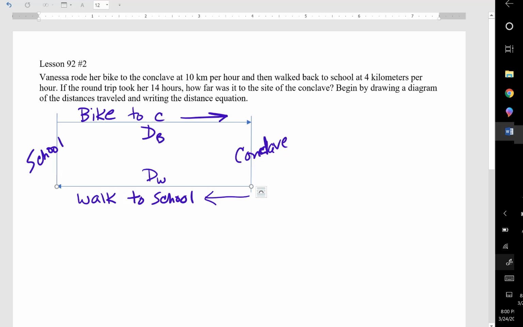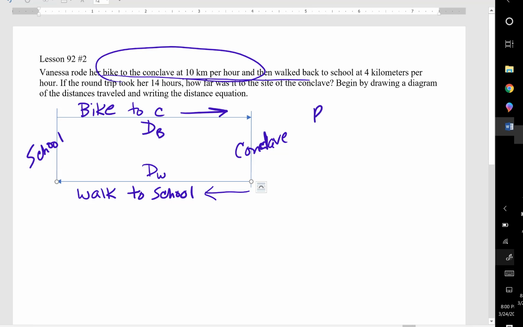All right. And then they give us some other information. They tell us that her biking rate is 10 kilometers per hour. So I'm just going to write that here. So rate on the bike is 10. And it tells us that her rate walking is 4. So rate walking is 4 kilometers per hour. All right.